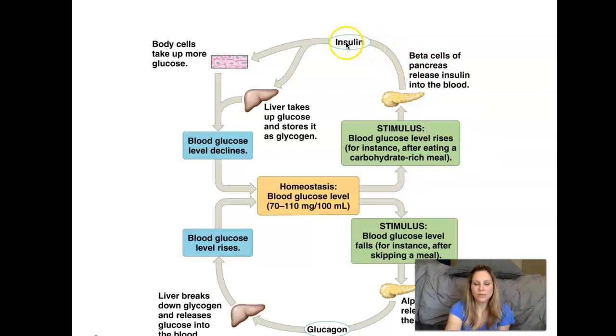Once insulin is released, insulin is going to do two things. It's going to act on body cells to take up more glucose and to perform cellular respiration to make ATP. And then it's going to cause glucose to be taken up into the liver to be stored as glycogen for later use. After those two things, cells take up glucose, liver takes up glucose, blood glucose goes down.